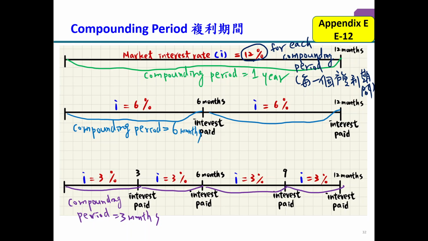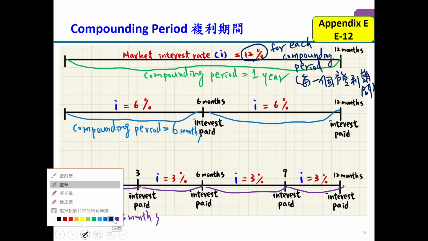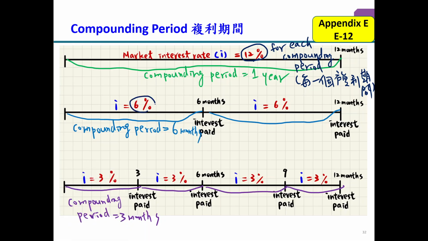How about your second case? Compounding period 6 months. Can you tell me, for each compounding period, what's your I? It should be 6%, right? Why? Because how many times? 1, 2, right? So every 6 months, your I, the market interest rate, is 6%. How about the third case?